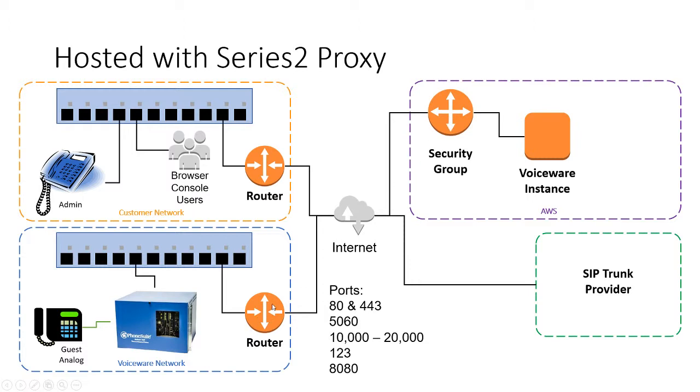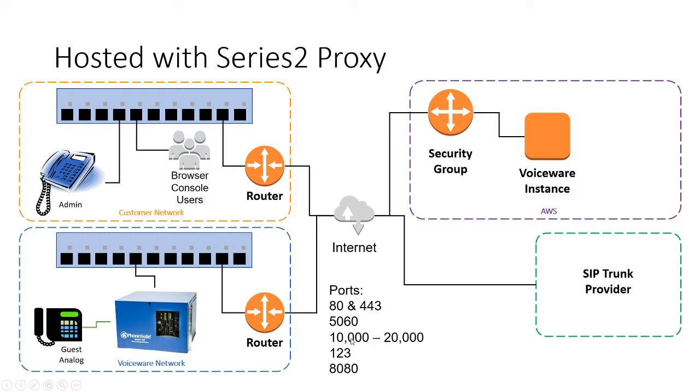Both of these routers, the AWS router and the router here on your local network, are both routers you control, and both of them need to have the ports 80 and 443 open. This will allow an internet user, aka us at the factory or you at your office, to be able to access the configuration side of the Voiceware system here, in case you need to make changes.